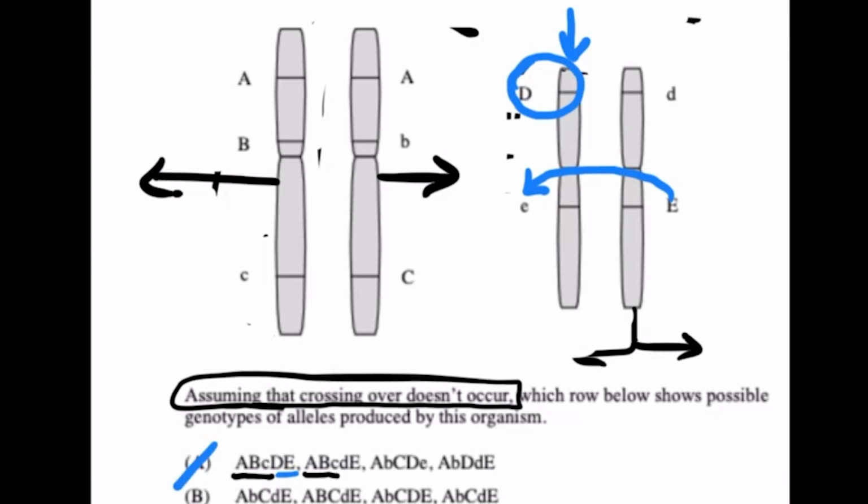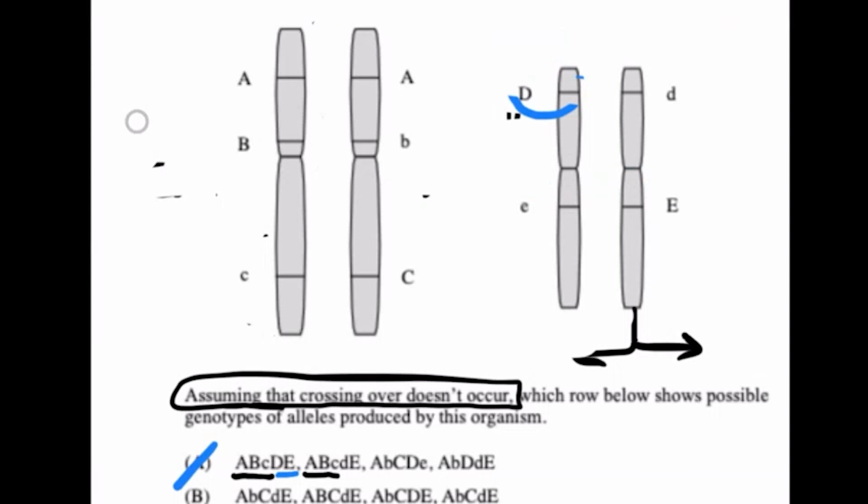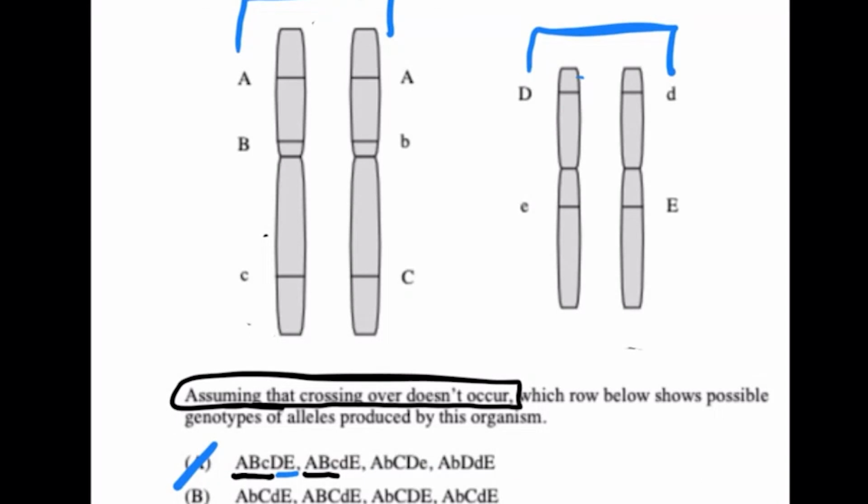Have a look at B. Can someone tell me why B might not be right or why it might be right? A couple seconds to have a look at it. Go through the same thought process. Since crossing over did not occur, this organism is going to get one large chromosome, one small chromosome. You can't violate that rule. And if these combinations work out, Raiden, why do they not work out? Because a lowercase b can't jump over to the first one.